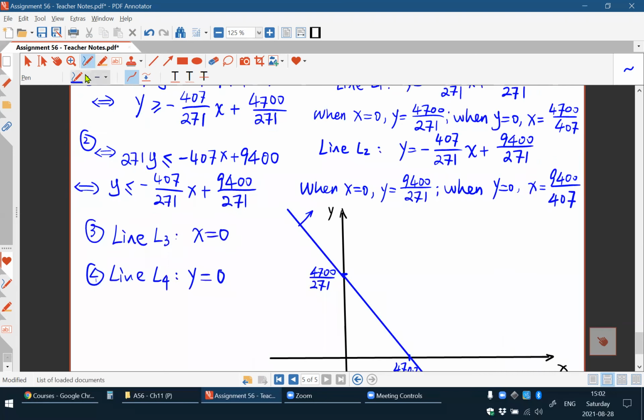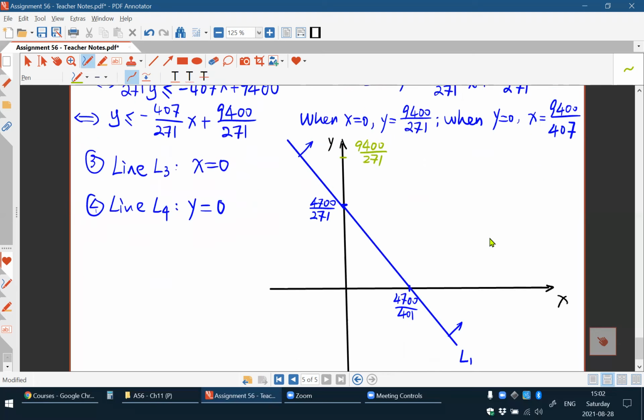Okay. And second line, passing through 2 points. One of the points is 9400 over 271, which is larger than 4700 over 271, right?